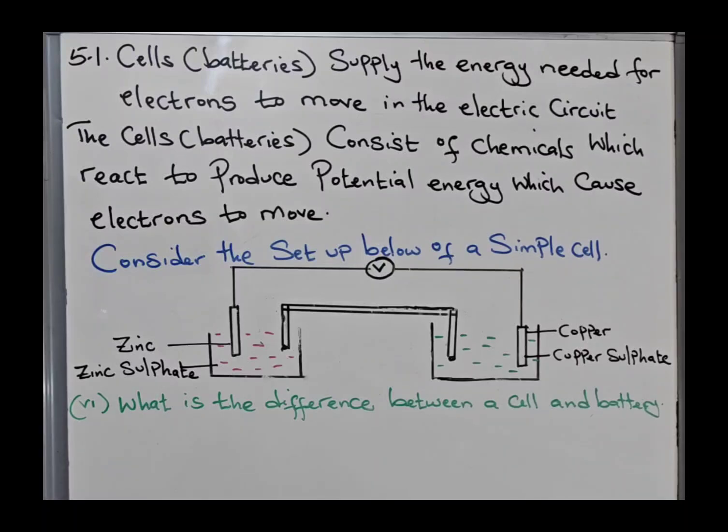But what we call a cell is a single unit, like this setup is one cell. And what we call a battery is an assembly of cells, which can be arranged in parallel or in series. So a battery consists of more than one cell, while a cell is just a single unit.